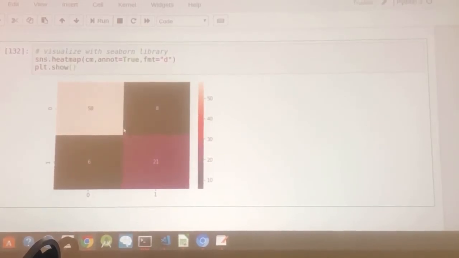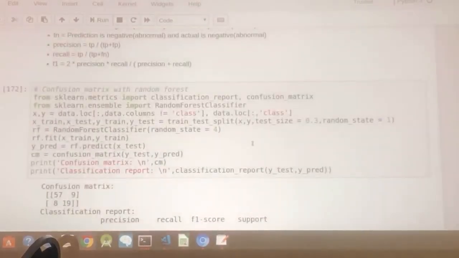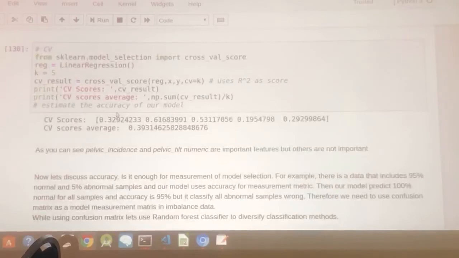Remember, our goal is to find the best parameters for our algorithm, right? And we saw that using accuracy could not be the best. We got the highest accuracy, but our model was overfitting. Then we used cross-validation, using our linear regression, getting the R score and splitting it 5 times.